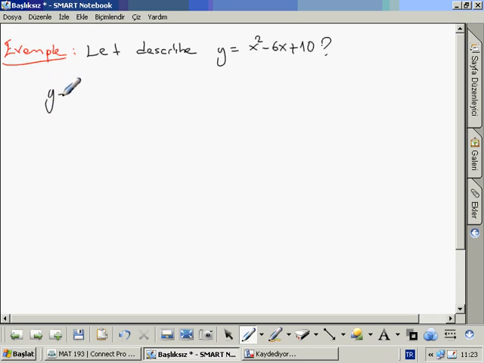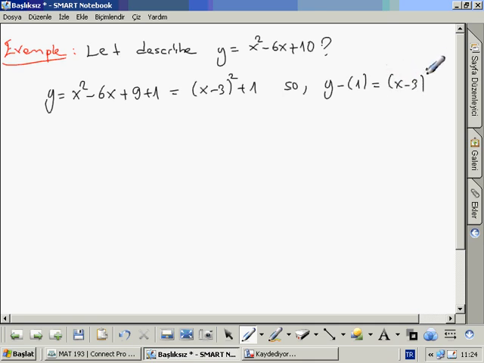We write y equals x squared minus 6x plus 9 plus 1, so by completing the square it equals x minus 3 squared plus 1. So you can easily say this is y minus 1 equals x minus 3 squared. As you see, our parabola x squared is shifted to the right by 3 and shifted up by 1.